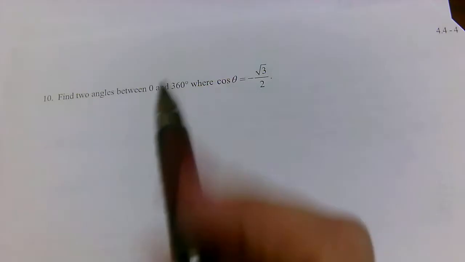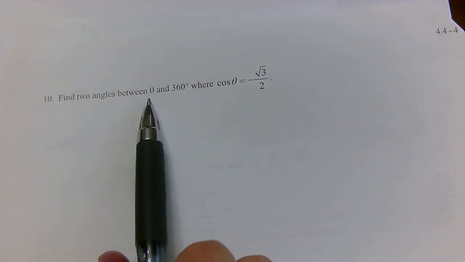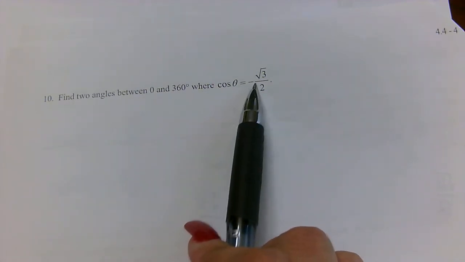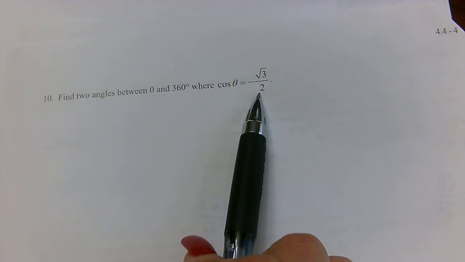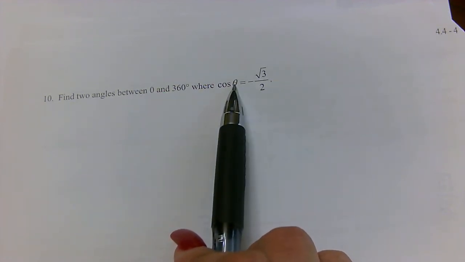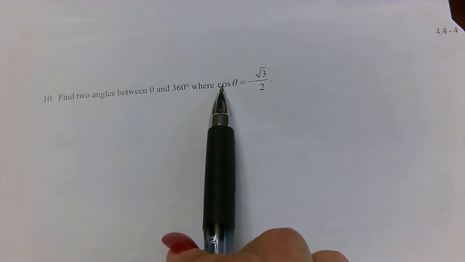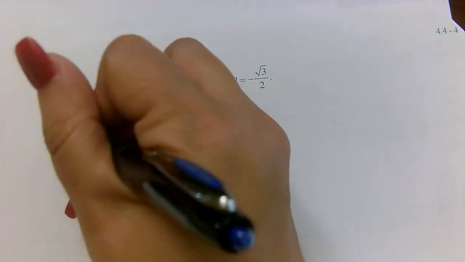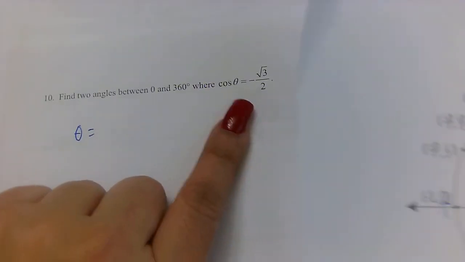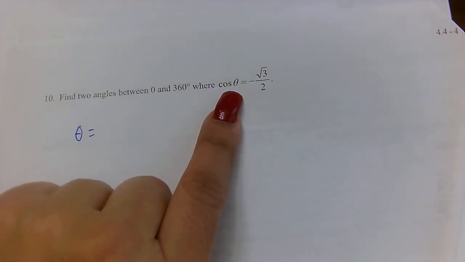Here it says, find two angles between 0 and 360 where cosine is negative square root of 3 over 2. Now, what we're trying to solve for here is theta, which is next to your trig function. Okay, so let's go back and refresh. Cosine is our x value.